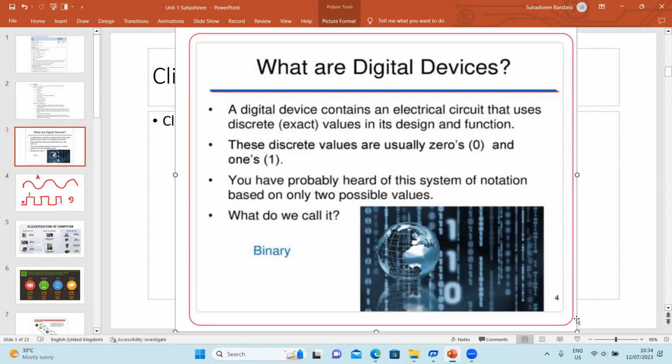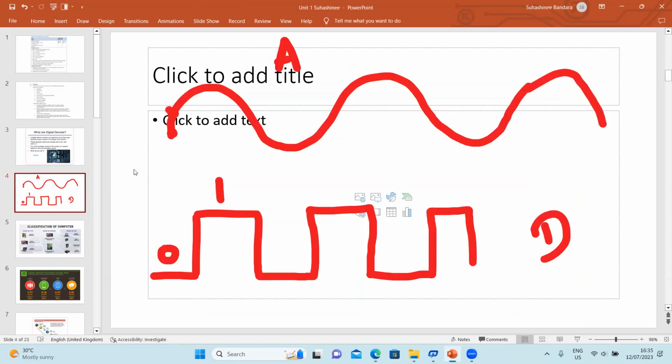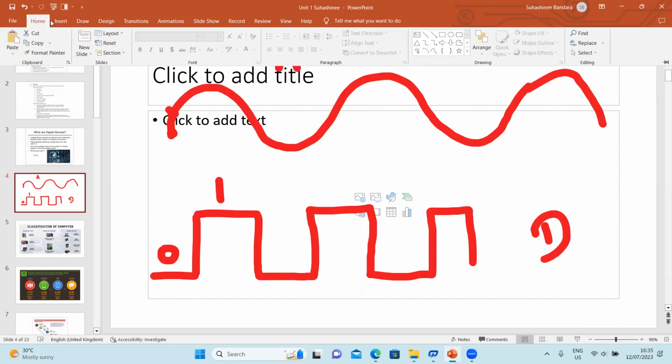These discrete values are usually zeros and ones. You have probably heard of this system of notation based on only two possible values. What do you call it? Binary. If the number contains ones and zeros, we call them binary numbers.